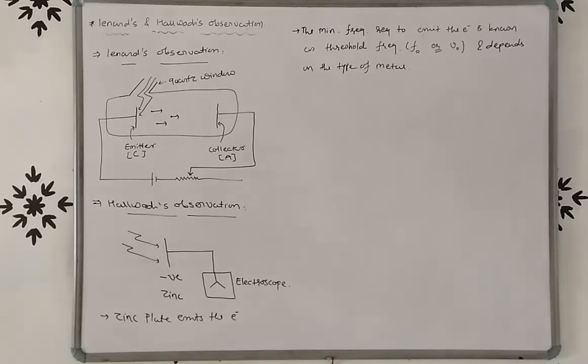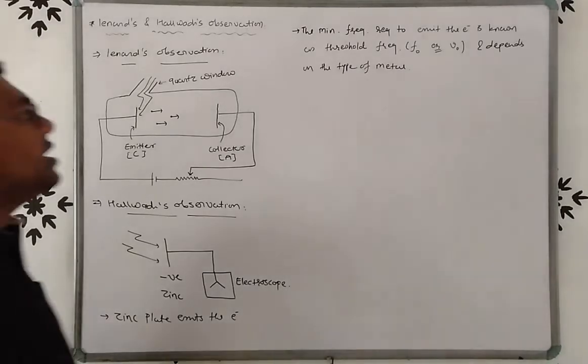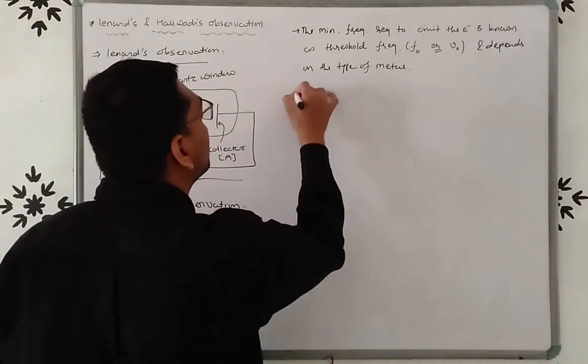And for alkali metals like lithium, sodium, potassium and rubidium, the threshold frequency lies in the visible region, right? So friends, this is about the threshold frequency.